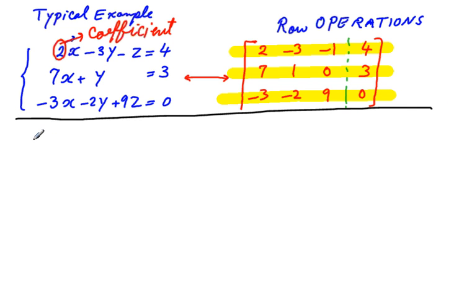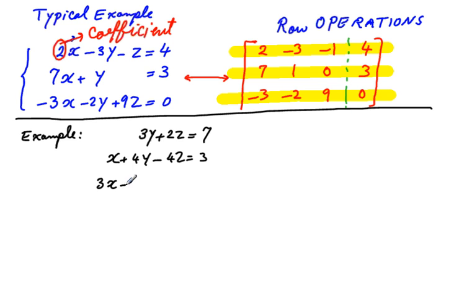Here's another system. It's 3y + 2z = 7, x + 4y - 4z = 3, 3x + 3y + 8z = 1.